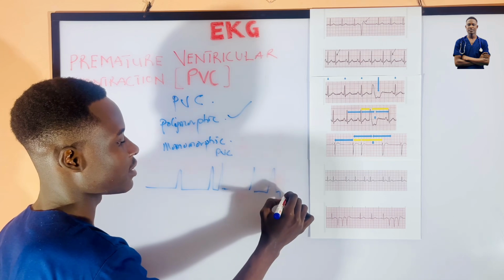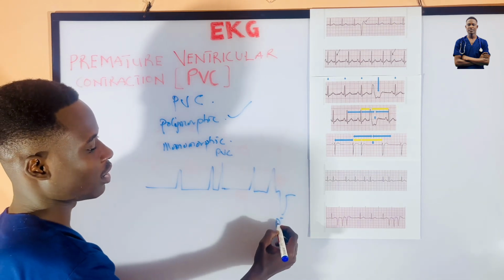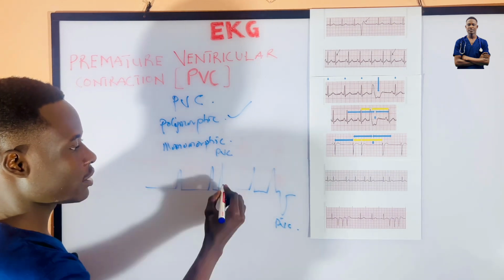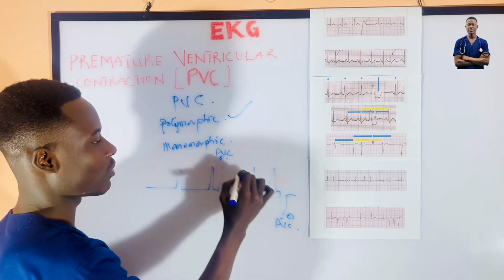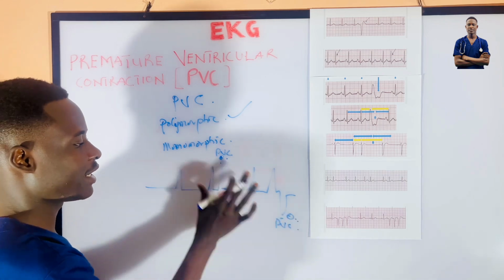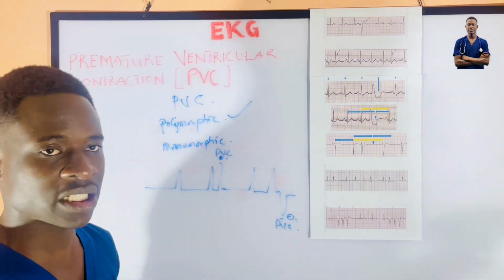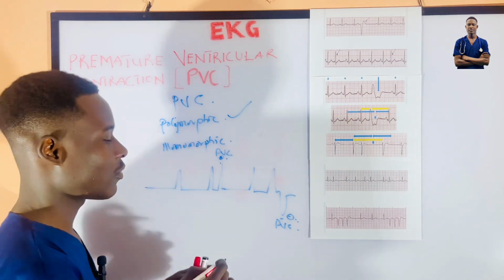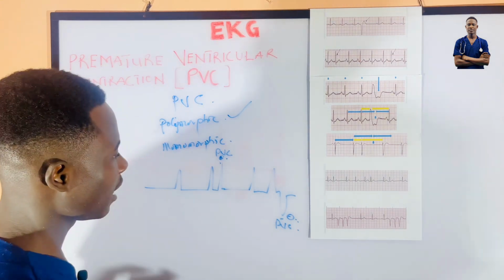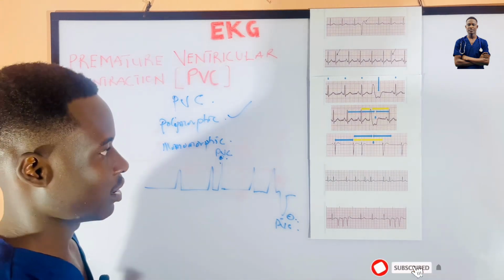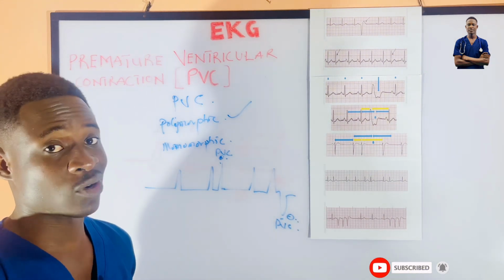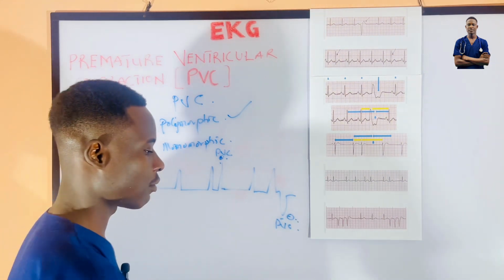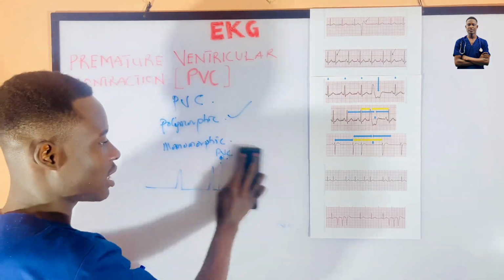Our second PVC will come down. So we have positive ones and negative ones. These different directions mean we have a polymorphic PVC. And when there's a monomorphic one, like this one, they are of the same direction. That one is called a monomorphic one.